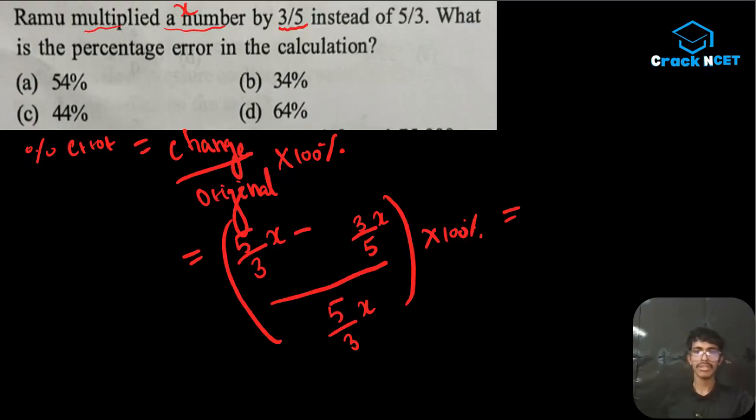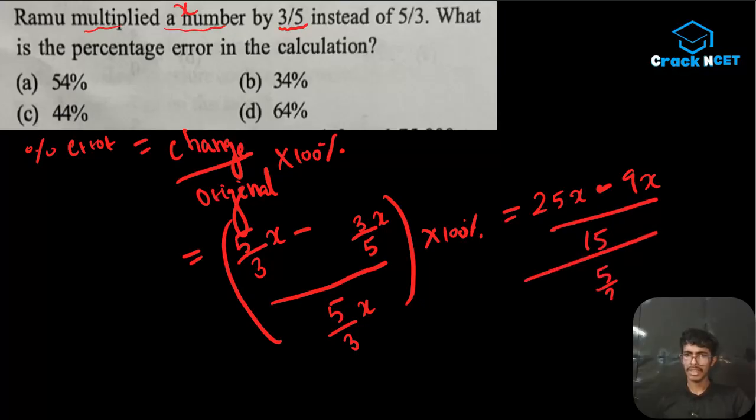The value comes out to be 25x minus 9x by 15, divided by 5 by 3x, into 100 percentage. 25 minus 9 comes out to be 16x divided by 25.